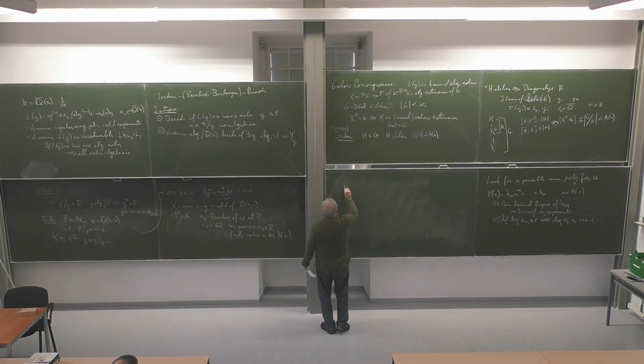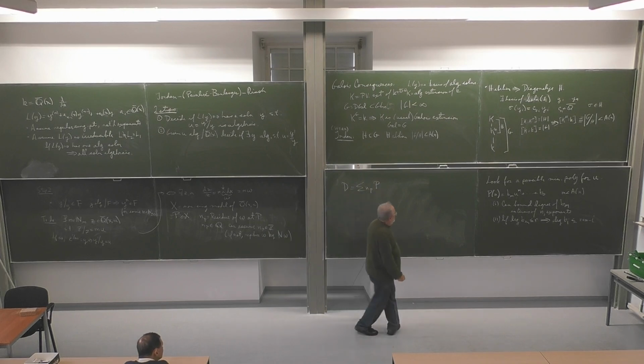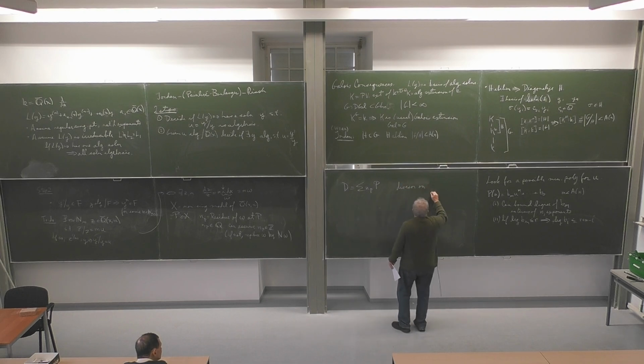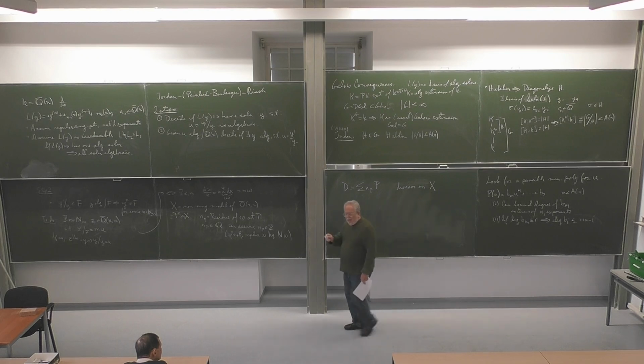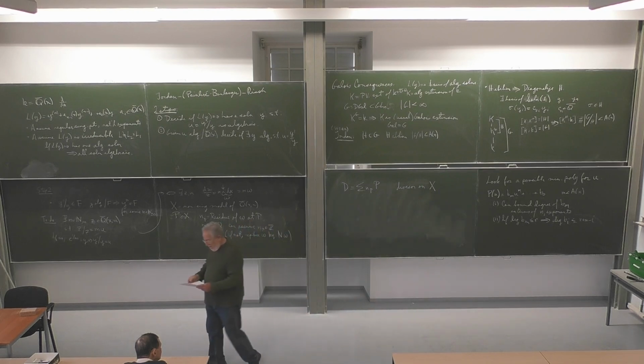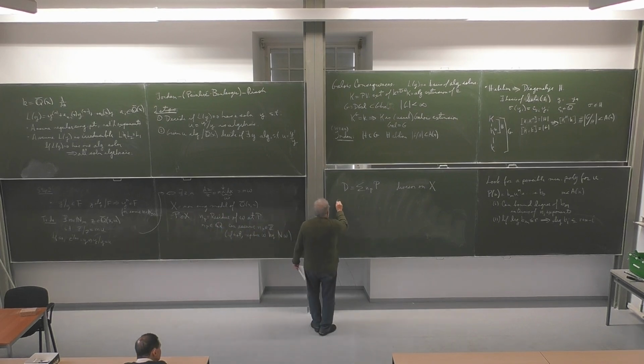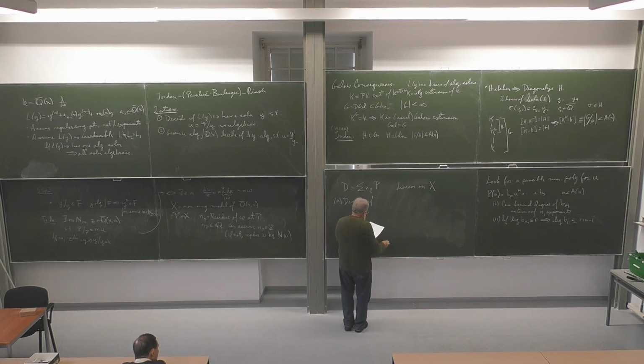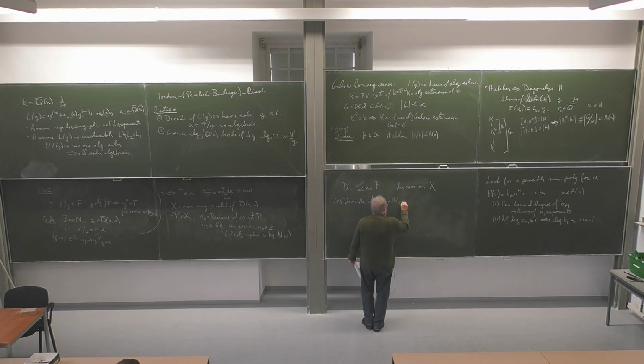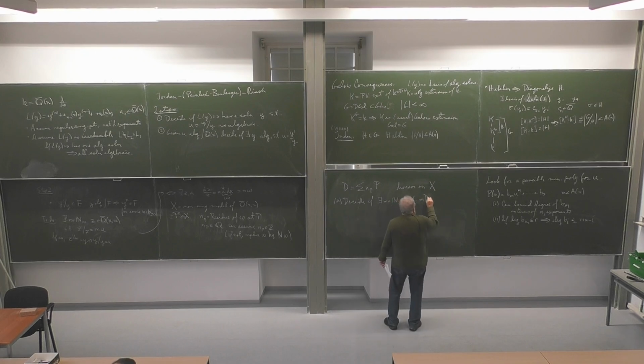I'm going to look at a divisor. Okay, so this is a divisor on X. I write my divisors additively. And what I want to do is decide if there exists some m, positive integer, such that when I multiply, this is precisely the divisor of a function.